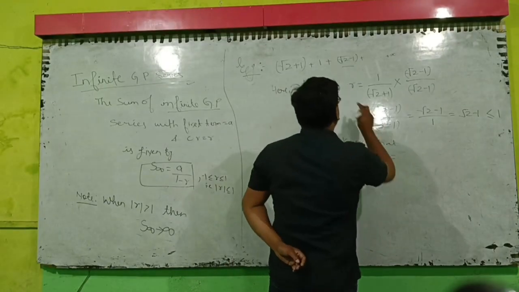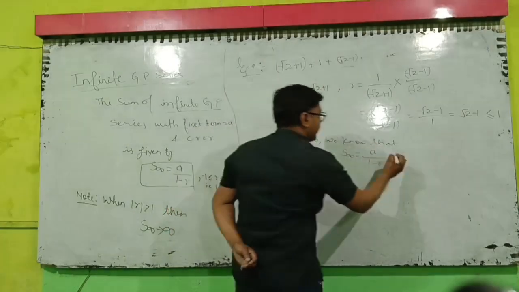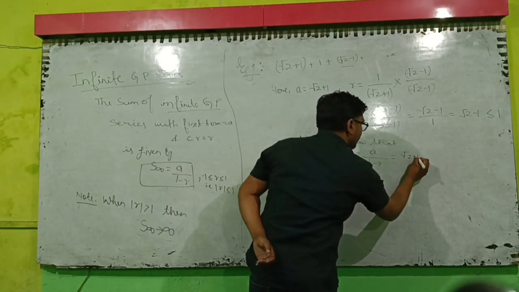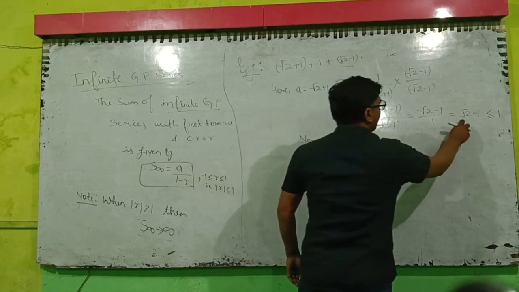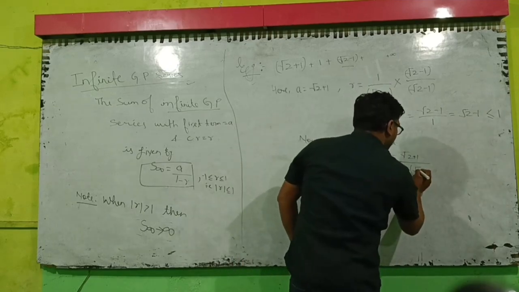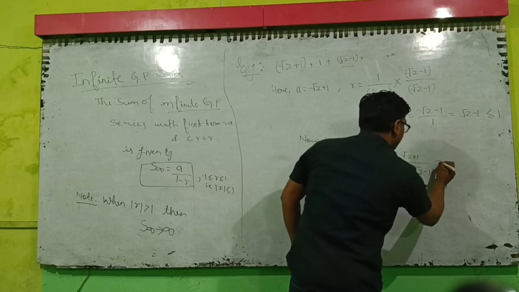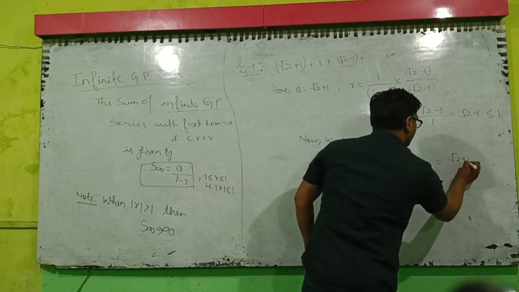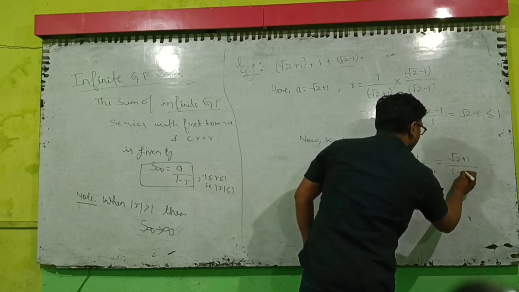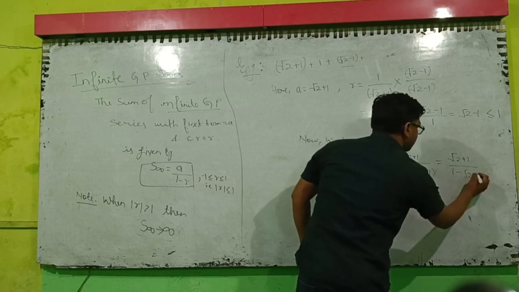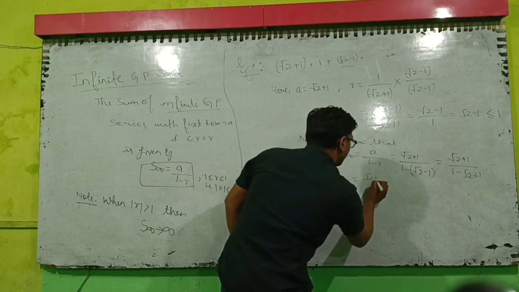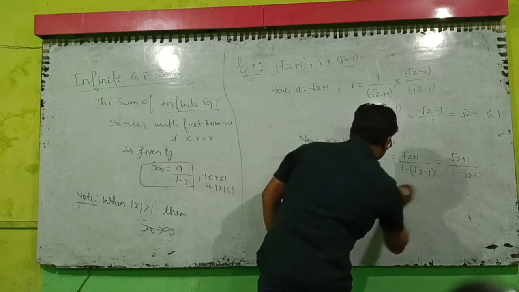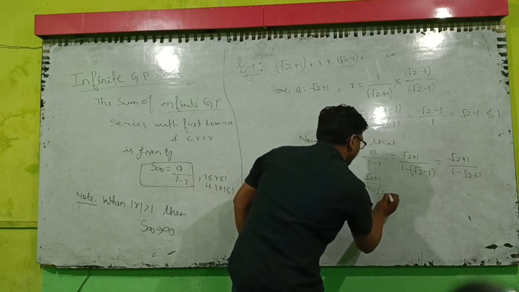So here a is root 2 plus 1, divided by 1 minus r, where r is root 2 minus 1. This is root 2 plus 1 upon 1 minus root 2 plus 1. So we find root 2 plus 1 upon 1 plus 1, which is 2 minus root 2.